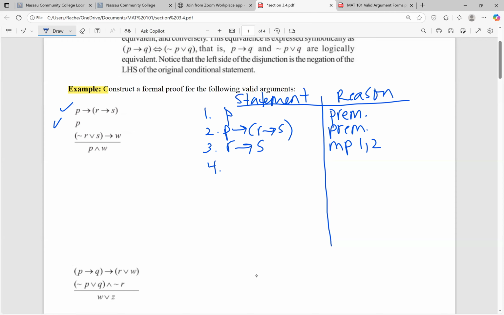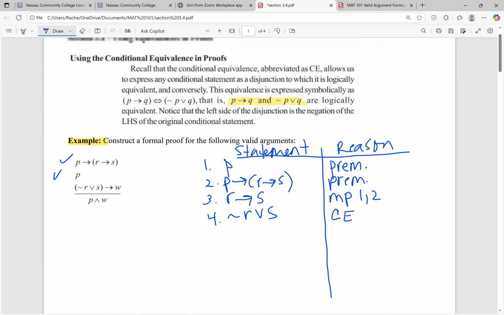So for statement 4, I can say, let me highlight up here, the conditional equivalence: P implies Q is equivalent to not P or Q. So if I have R implies S, that's equivalent to not R or S by the conditional equivalence. And we're going to use CE for the conditional equivalence.